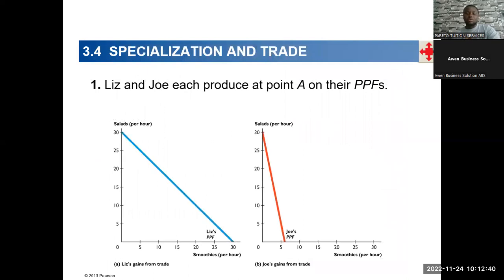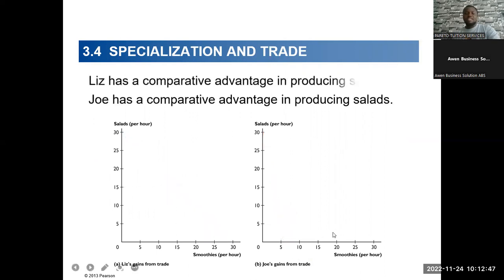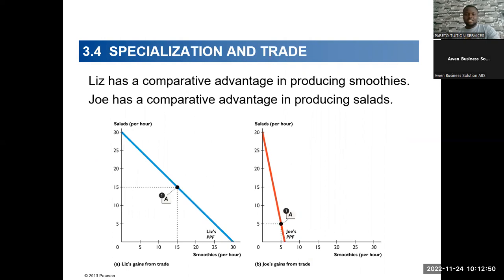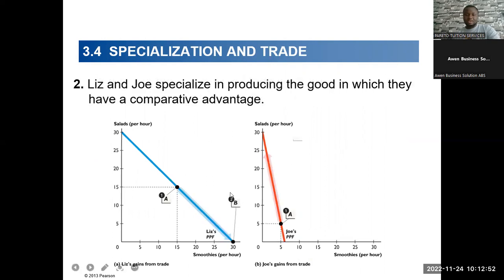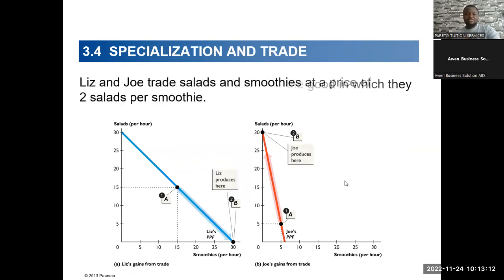Now let's look at what is happening from their trade. Initially, this is where they were, point A. Okay. Now, because of the specialization, Liz was producing only 30 units of smoothies, right? And then Joe was producing only 30 units of salad. Now they engage in trade. And after they trade, this is what happens.